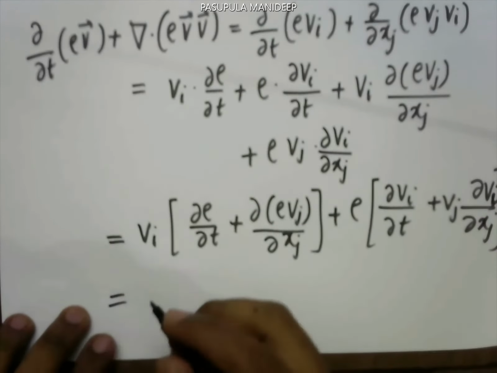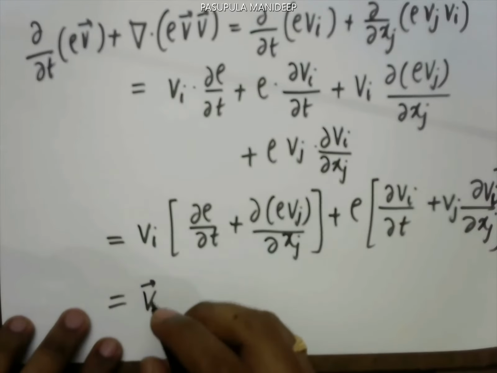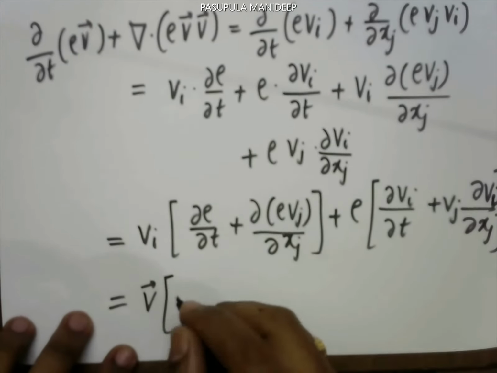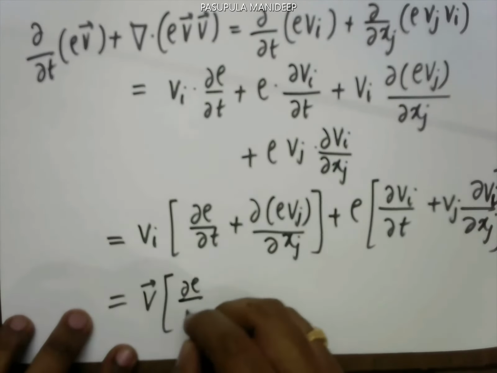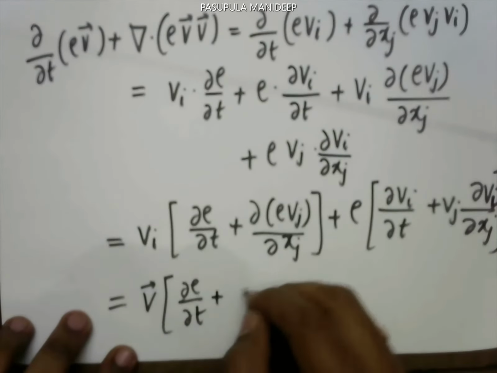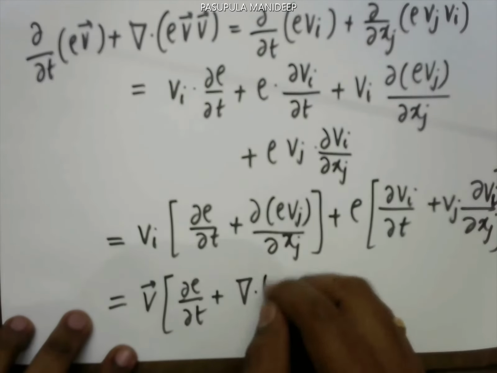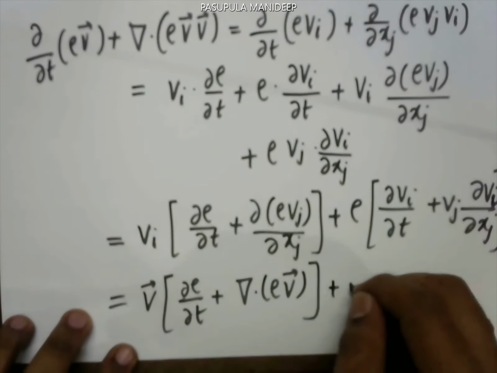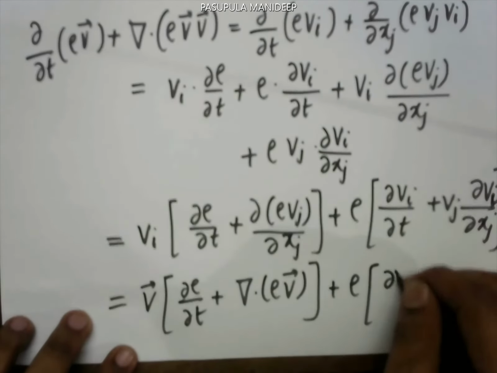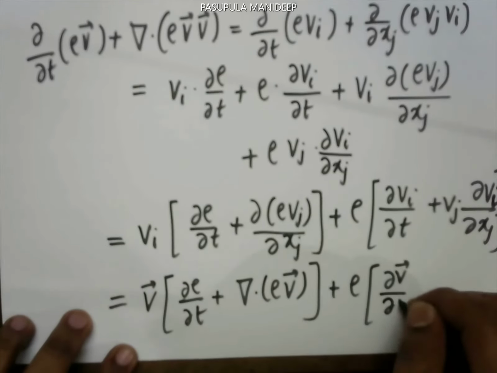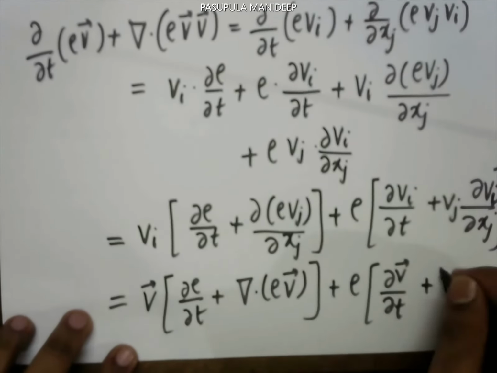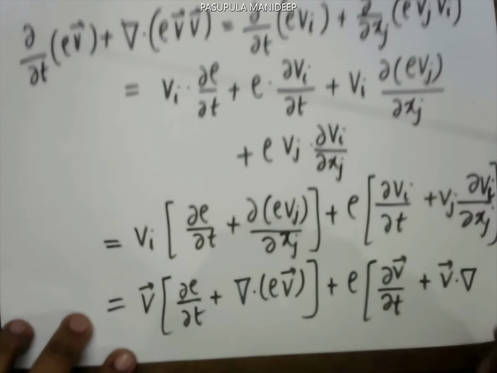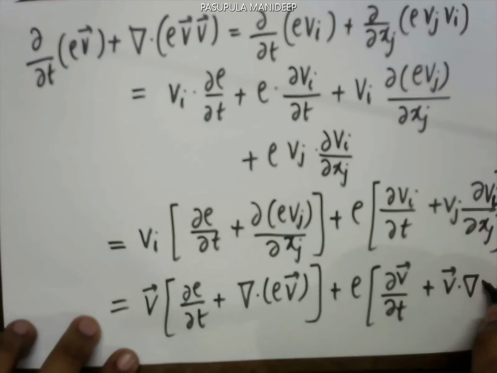Okay, we can come back to the normal form from the index notation. We can write this as v bar into grad v bar, right?